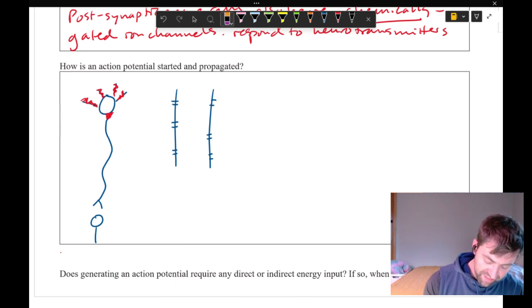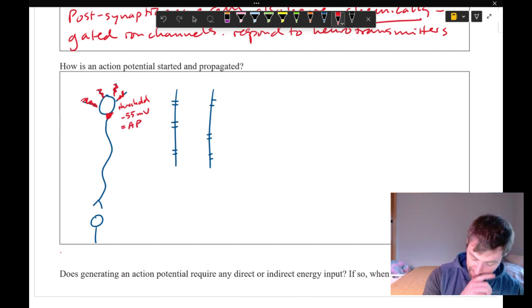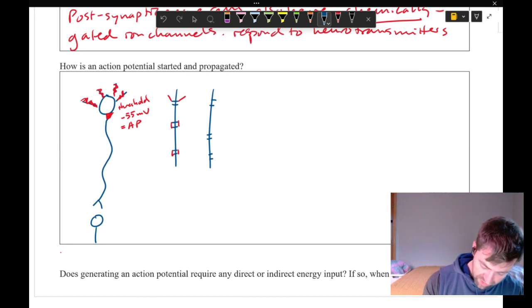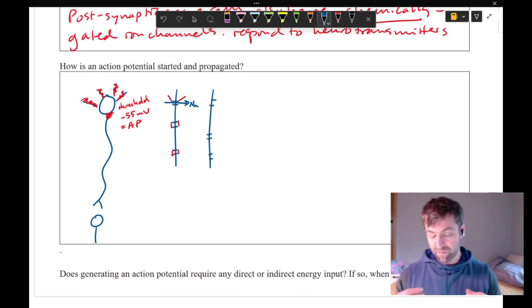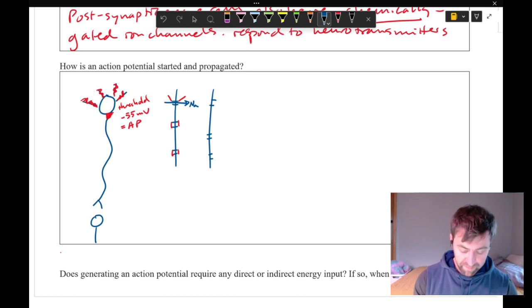And at the axon hillock, once we hit threshold potential of about negative 55 millivolts, we get an action potential. And that depolarization is opening sodium channels. So sodium is allowed to move into the nerve cell.